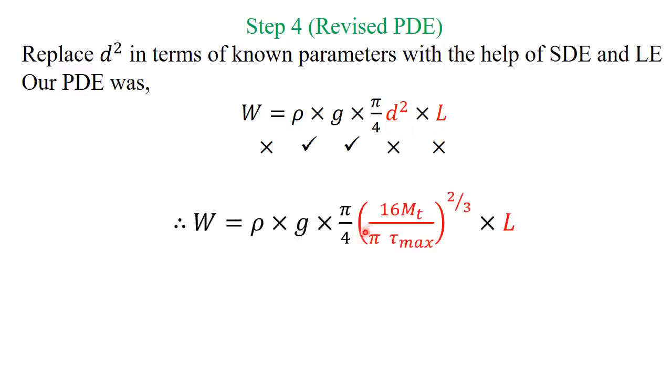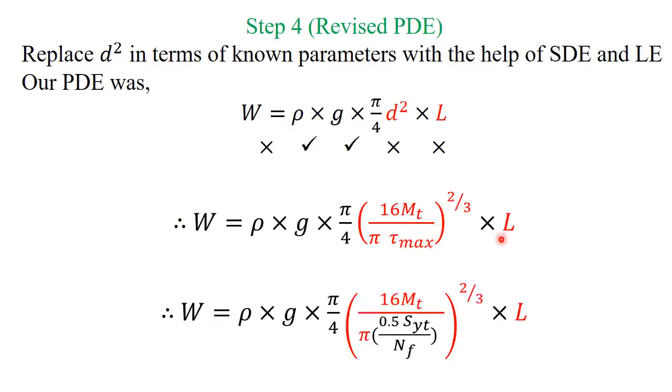Therefore, we replace d square by this term which we have just seen in the previous slide: d square is equal to (16 mt upon pi tau max) raised to power 2 by 3, into L. And tau max again we replace as 0.5 SYT by factor of safety.